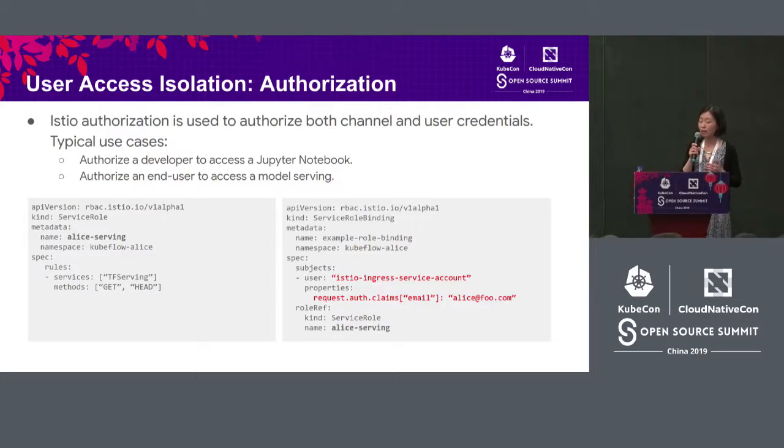On the right side, it assigns the Alice credential. So the policy says if the request comes from Istio ingress and the JWT email claim is alice@foo.com, you are allowed to access a serving job in the Kubeflow Alice namespace.